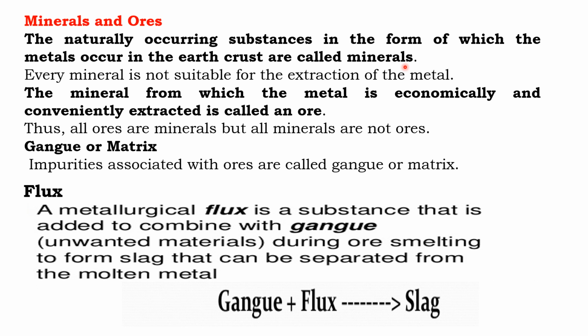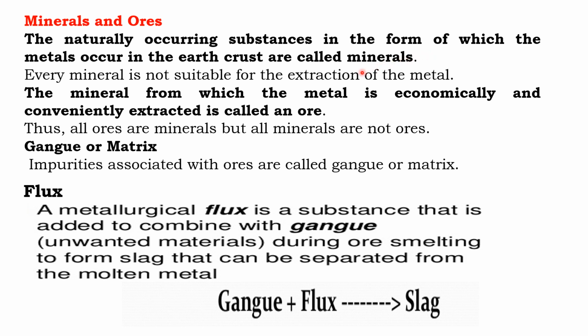Or some exist as chlorides, fluorides, and halides. So they are existing in the earth crust in a combined form. They are called minerals. But we cannot extract metal from all minerals.